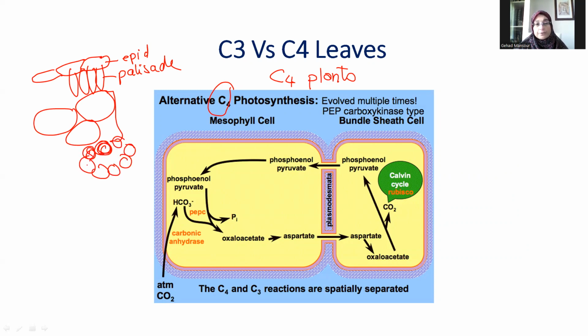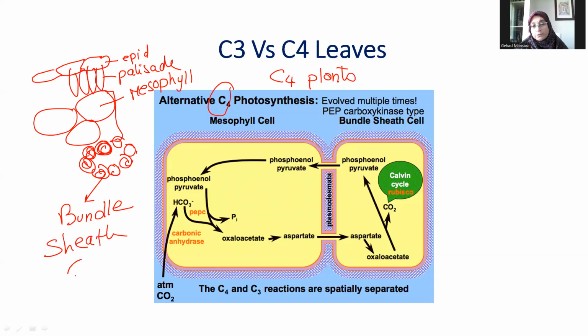The bundle sheath cells, as you see here, so these are the mesophyll cells, and then here you have the bundle sheath cells. As you see, the bundle sheath cells are very deep here, and therefore when carbon dioxide is delivered to Rubisco in the Calvin cycle, there is no risk of photorespiration.